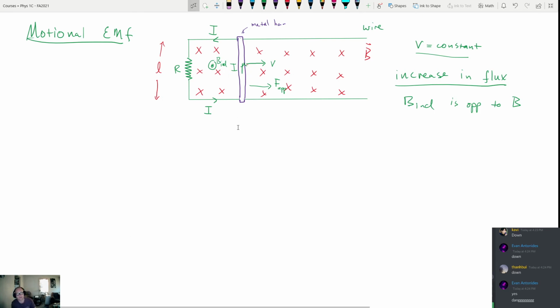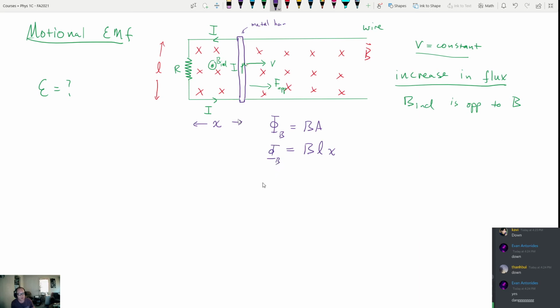Okay, the next question is, what is the induced EMF in this case? And this is actually quite easy to do. In order to do this, we're going to label this side right here to be x, okay? Then I can say that my magnetic flux in this case, phi B, which is equal to B times A, should be equal to B times L times x, right? That's my magnetic flux.